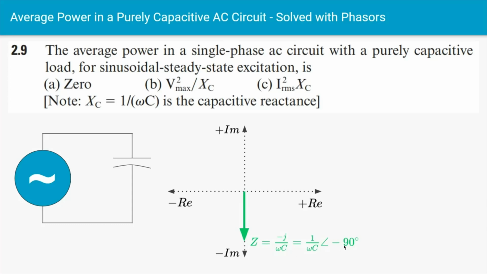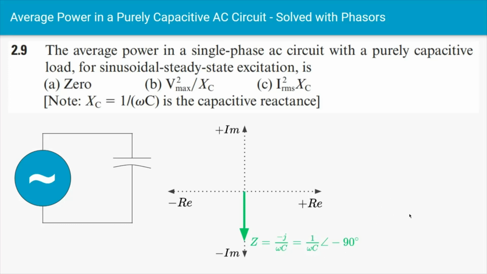So as a phasor, that's going to be a magnitude of 1 divided by omega times C, the capacitance, with an angle of minus 90 degrees. So we'll start here and we'll go minus 90 degrees and give it a magnitude of 1 over omega C.